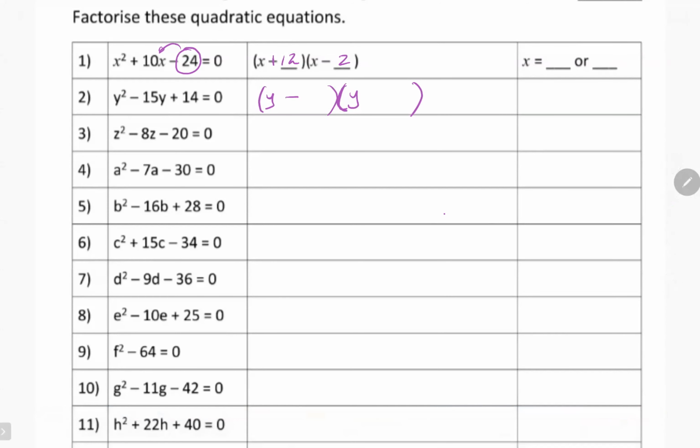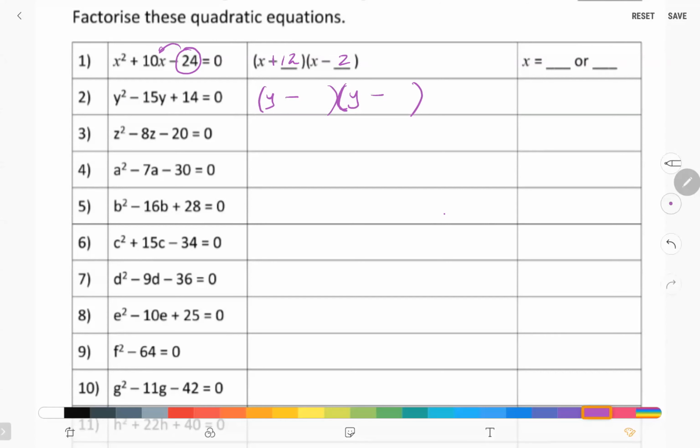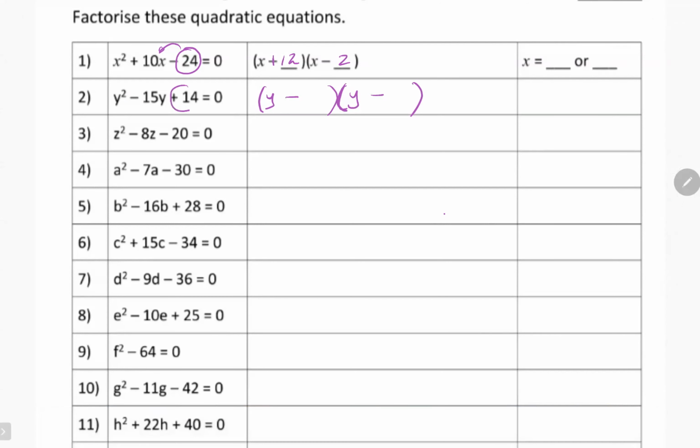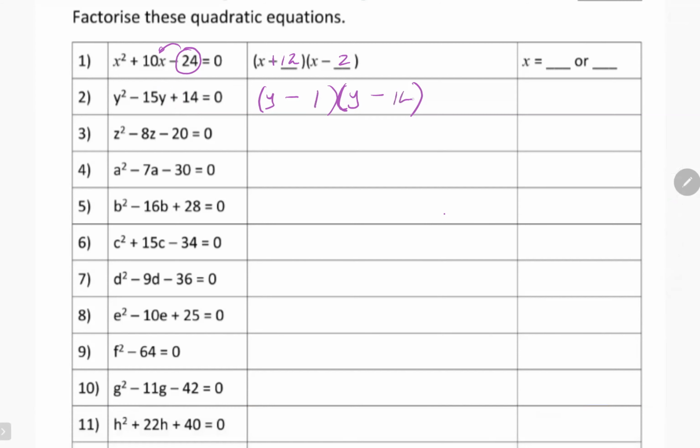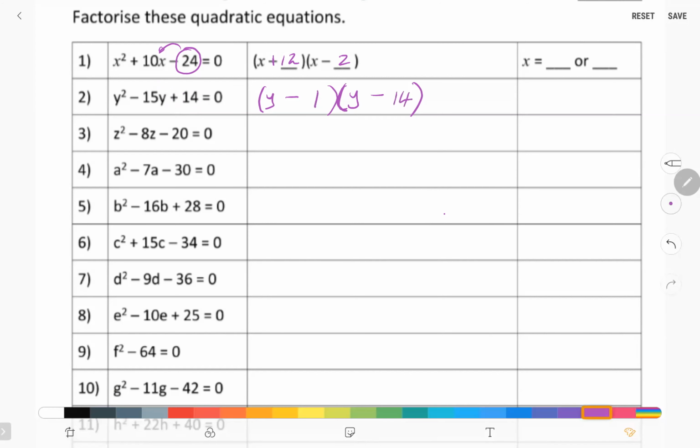So I must have a negative and a negative in the bracket. Then I want factors of 14 that add to 15. Factors of 14 that add to 15 are 1 and 14.